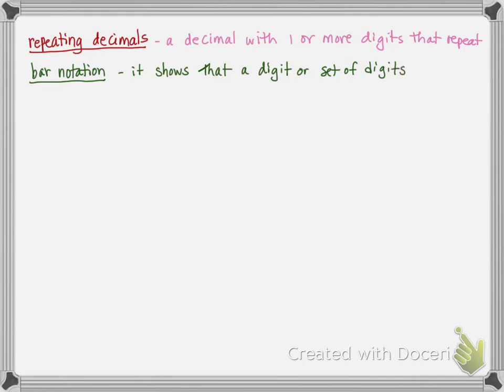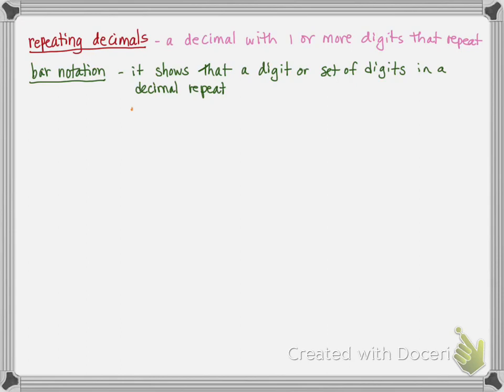You could have like 5 repeat forever, or you could have 52, 52, 52, 52. Okay, so here's the process we follow.